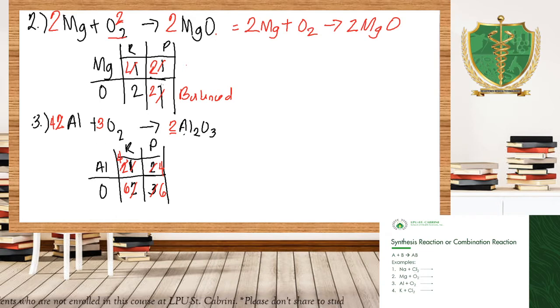So our balanced equation will be 4 moles of aluminum plus 3 moles of oxygen to give you 2 moles of aluminum oxide. Now, if you remember, what is the first element na ginalaw natin? Yung first element na ginalaw natin is our aluminum. Tapos pinalitan ulit natin siya.